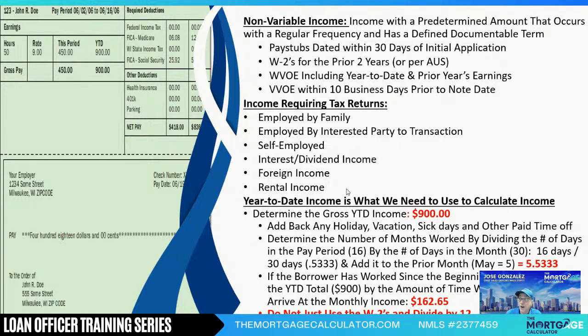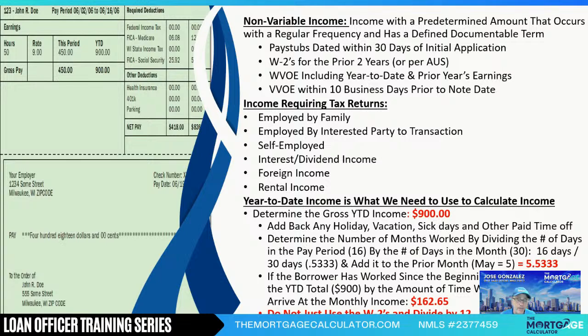Now, regarding the actual calculation of the income, this is super important because I find in too many cases that I'm reviewing files and loan officers are using just the W-2 income. For example, I ask them, how do you calculate the income?